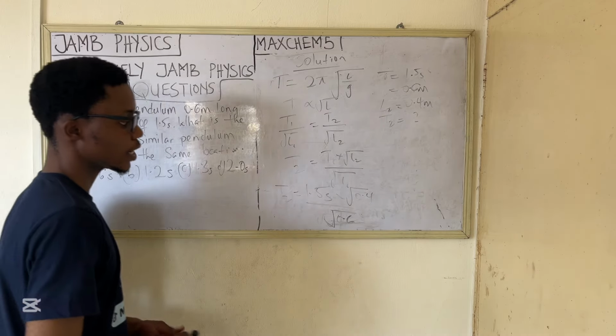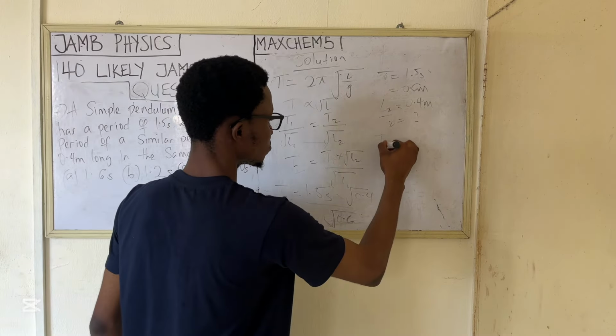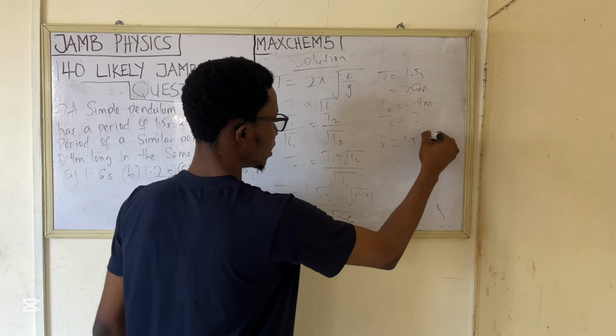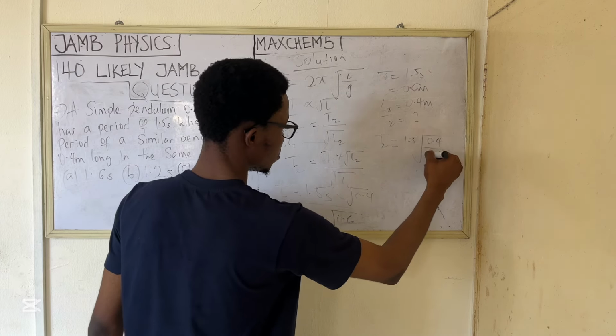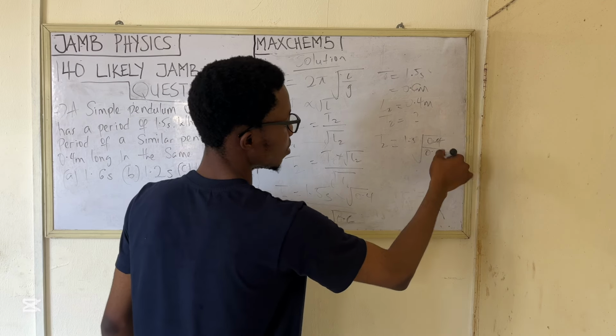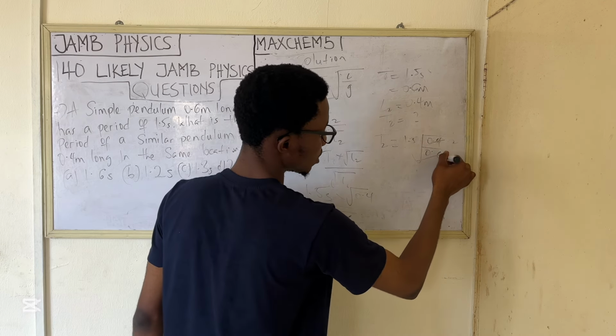Alright, then from here we can write this as T2 is equal to 1.5 square root of 0.4 over 0.6. 2 here, you can say 2 here 2, 2 here 3.